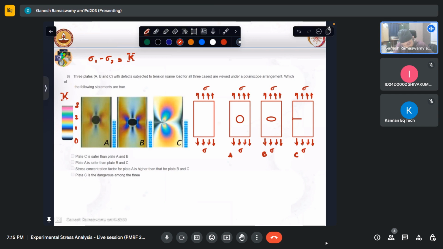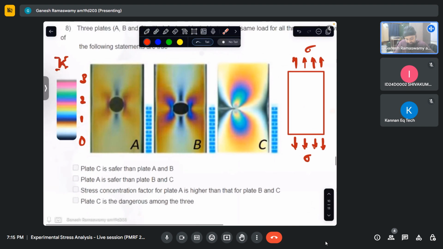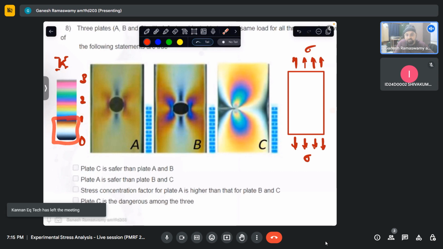So here, in this case A, for the most part, where does it fall? This is the shade that is there, nearly yellow to yellowish and white. So this plate with a hole is clearly stressed within this region only.